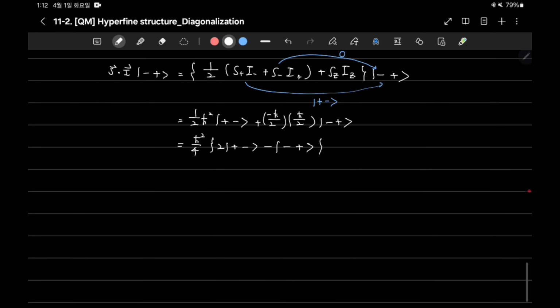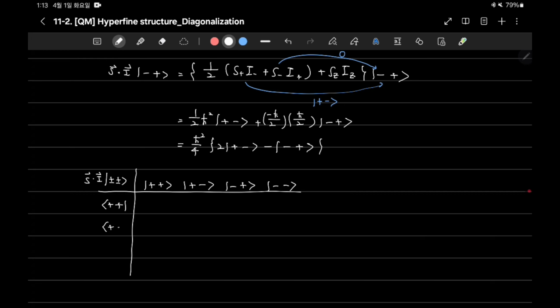so let's summarize this operator, and also here the operator between S·I. Something plus minus, well, okay, then plus plus, plus minus, minus plus, minus minus, and plus plus, plus minus, minus plus, minus minus.